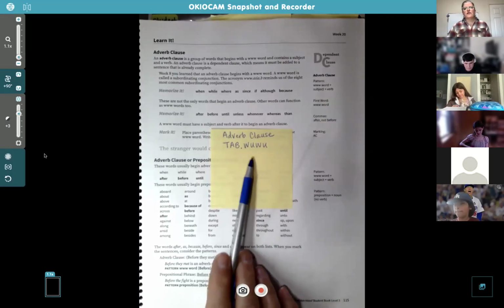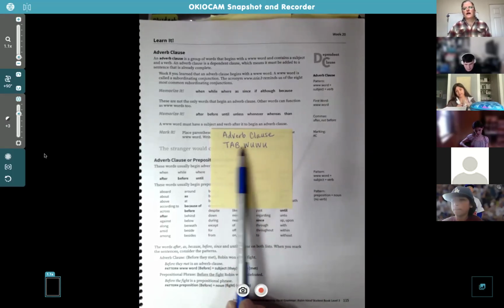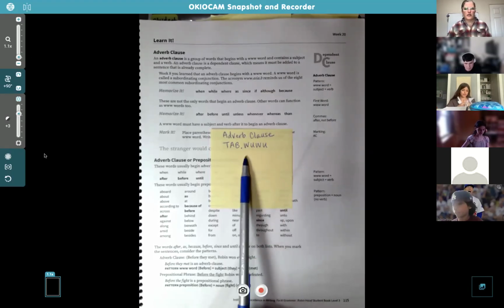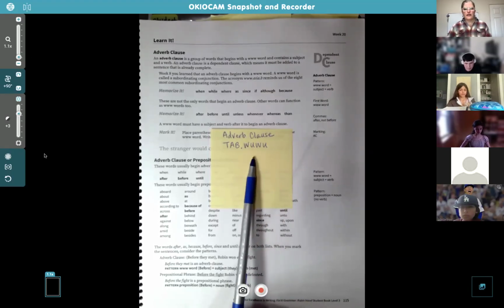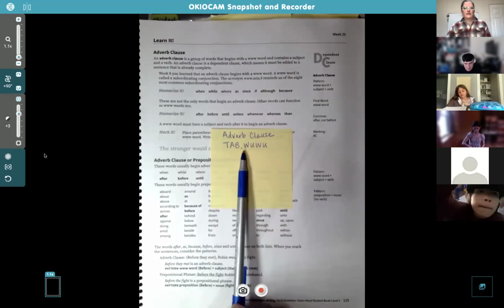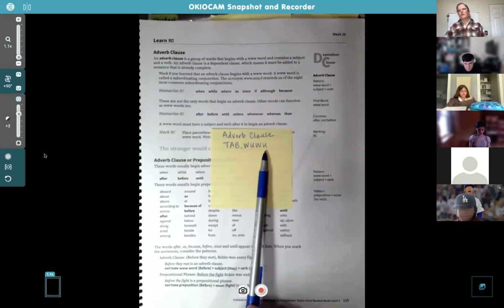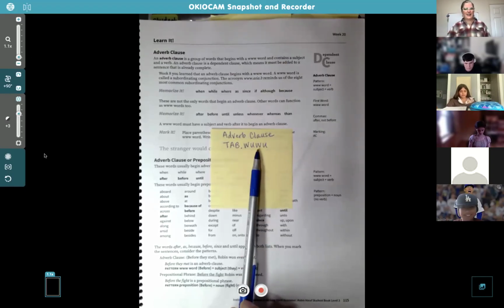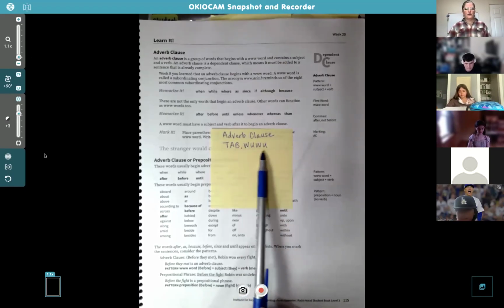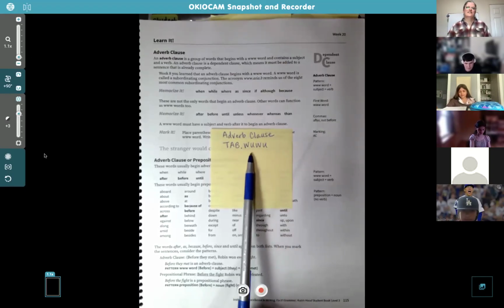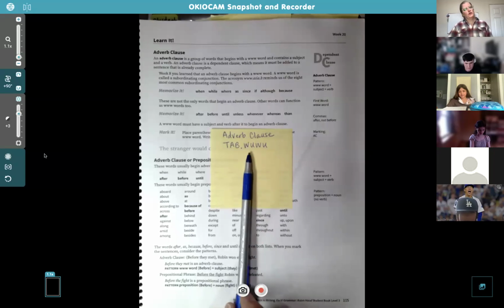Page 115. So we've got a new list of adverb clause words. Here's what we were just talking about, Alex. Another student in another class made this up: tab dot woo woo. Woo woo. Not woohoo, but woo woo.